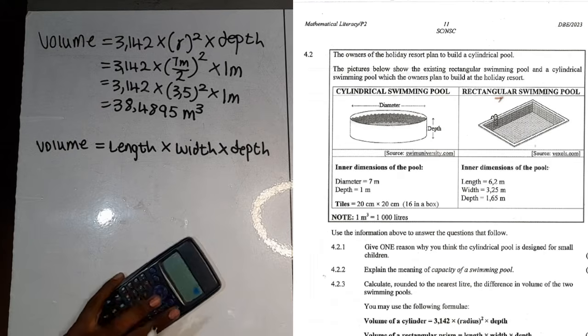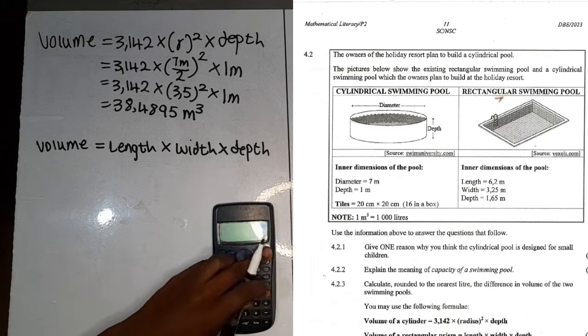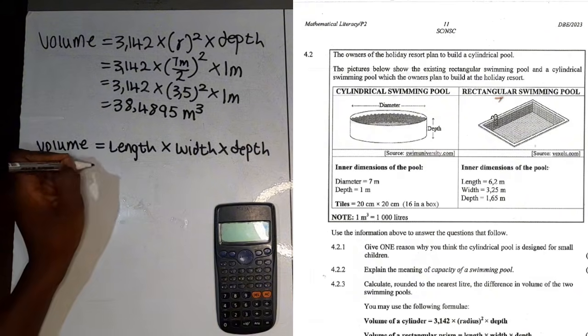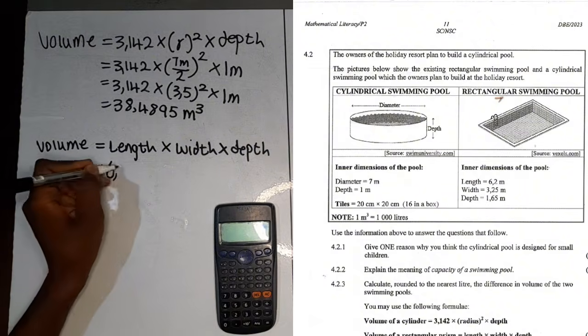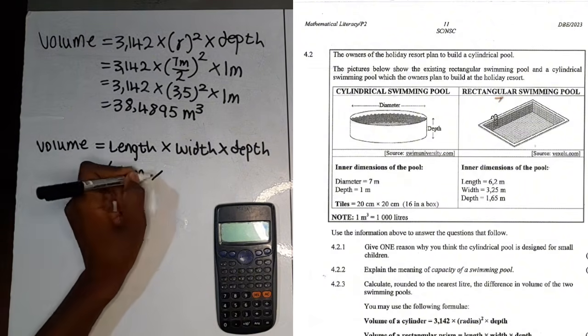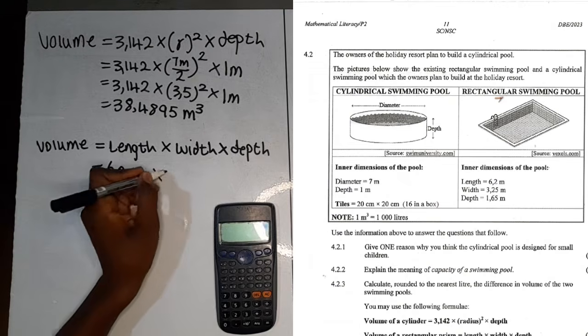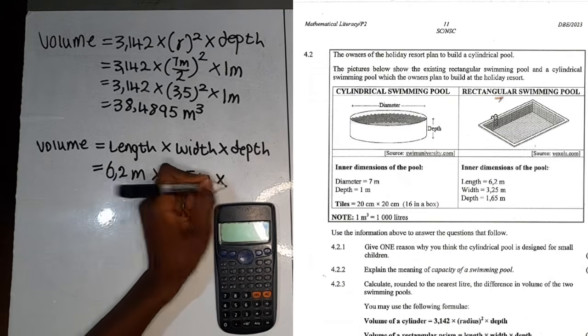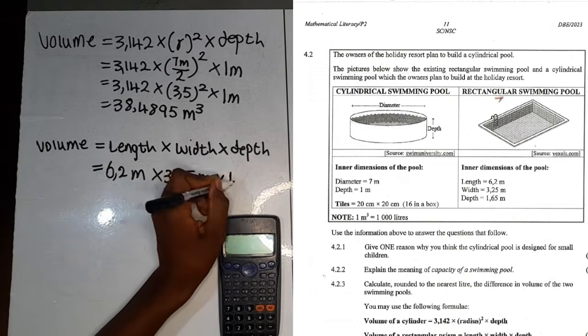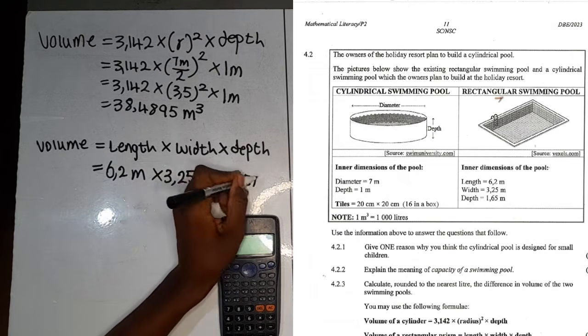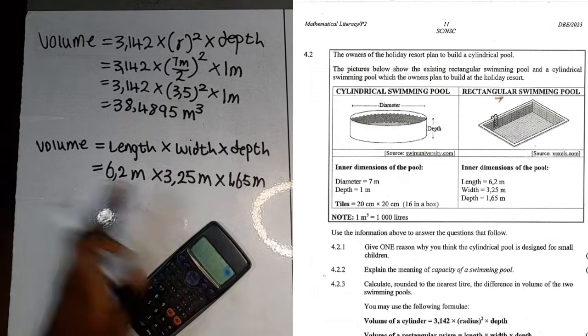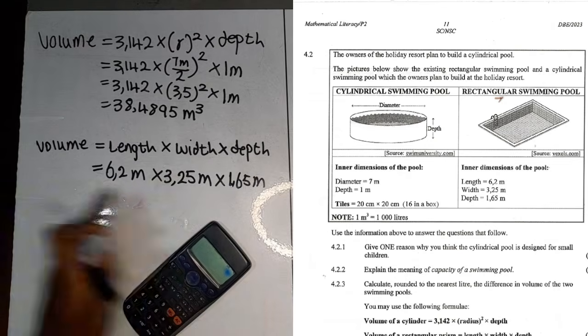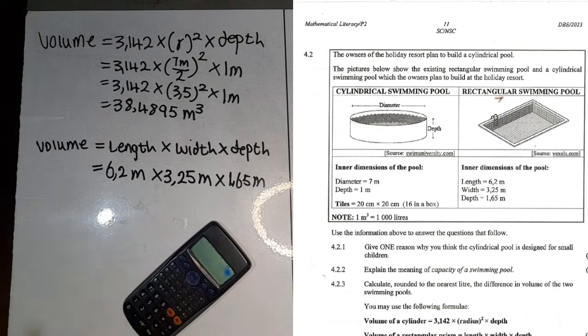So the length of the pool, looking at the dimensions that have been given to us, is 6.2 meters multiplied by the width of the pool, which is 3.25 meters, and the depth is 1.65 meters. So now we have substituted our formula, and then we can hit the whole thing on the calculator and get the answer.